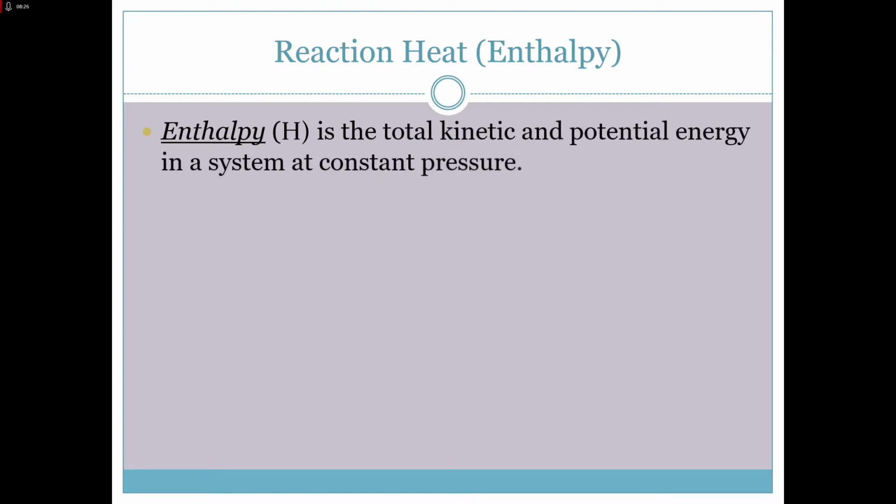Here we'll define it as the total kinetic and potential energy in a system at constant pressure. And we can say that in any kind of chemical reaction, the products, so this is the product energy, and this would be my reactant energy.